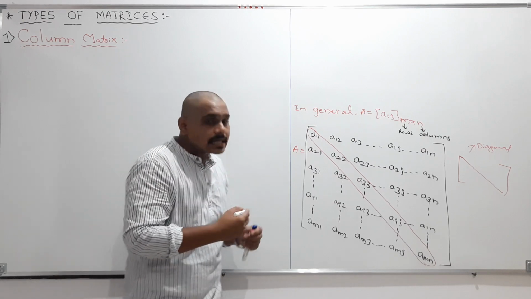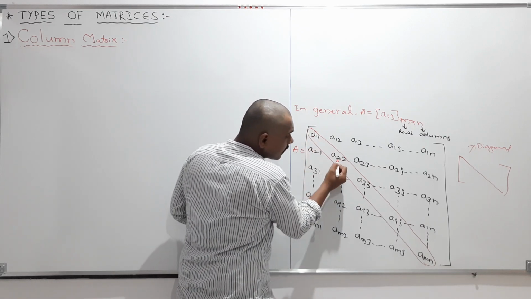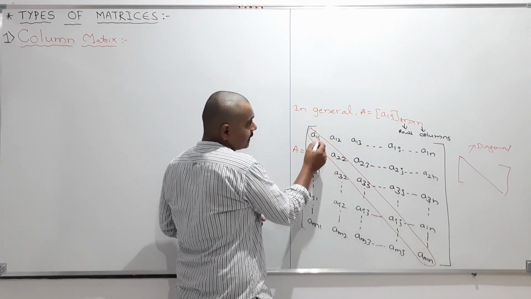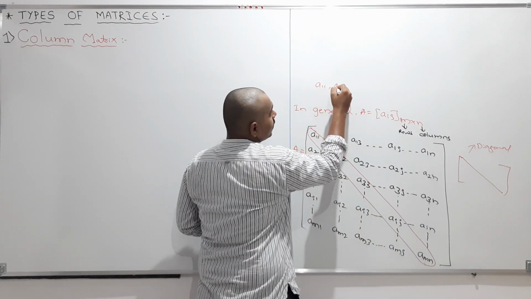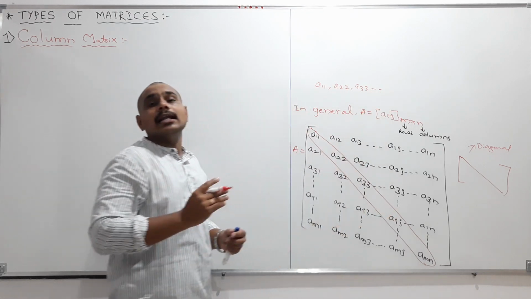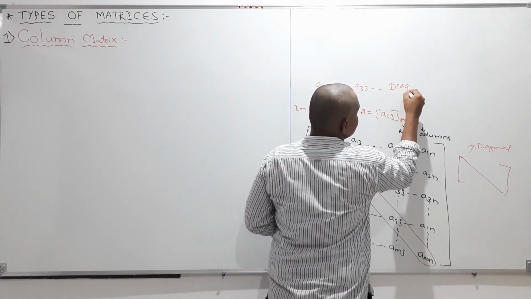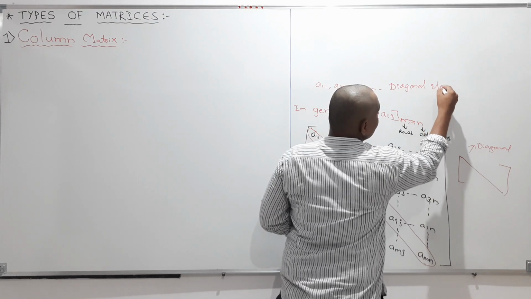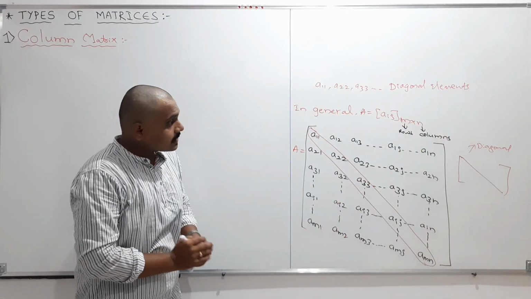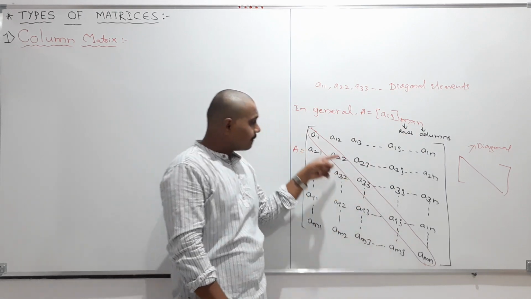Likewise, in matrices also, my dear students, this A11, A22, A33, Aij up to so on, whatever elements are there, all these elements we can call the diagonal elements.